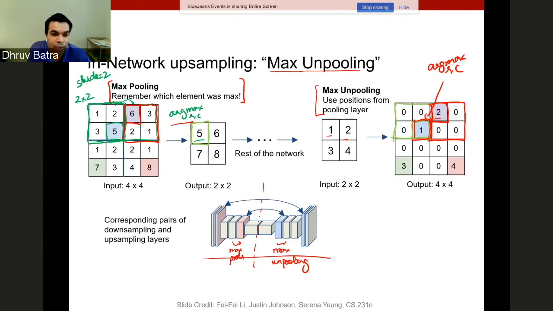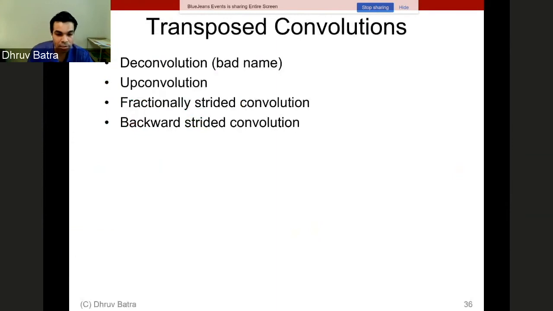Okay, so that's where we are. We've now looked at a couple of heuristics. Now let's look at learned interpolation or learned upsampling. And these are called transposed convolutions. And now let me just clearly state that you will hear them by lots of different names.